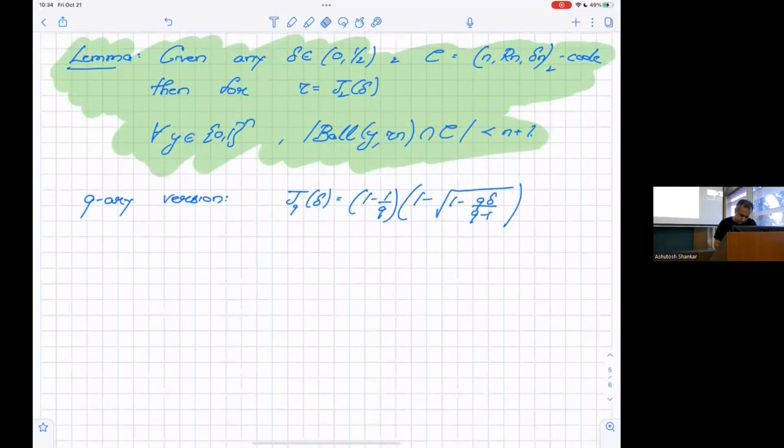There's also an alphabet independent version.